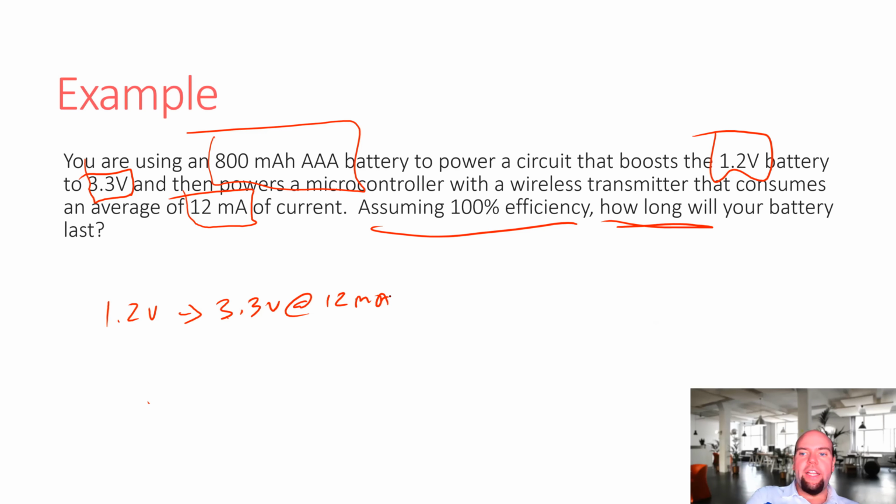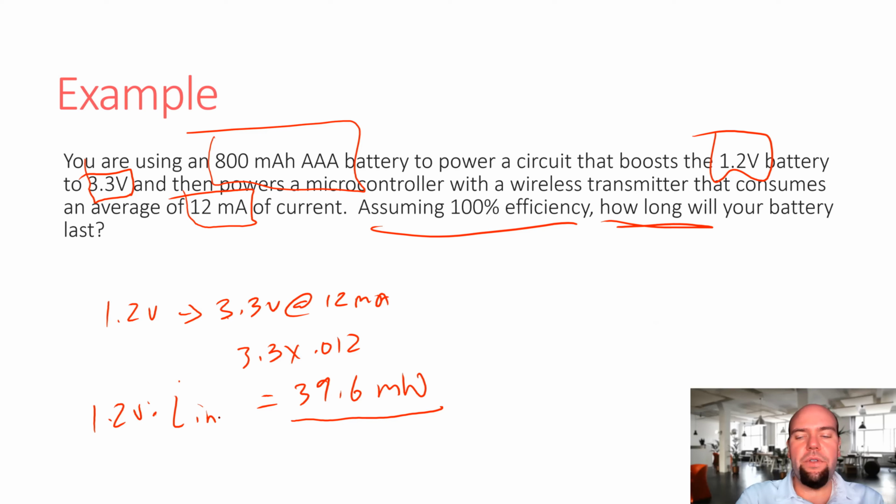The power out, being voltage times current, is going to be 3.3 times 0.012, which is 39.6 milliwatts. With 100% efficiency, we can directly calculate the input current, because on the input, 1.2 volts times the input current has to equal 39.6 milliwatts.